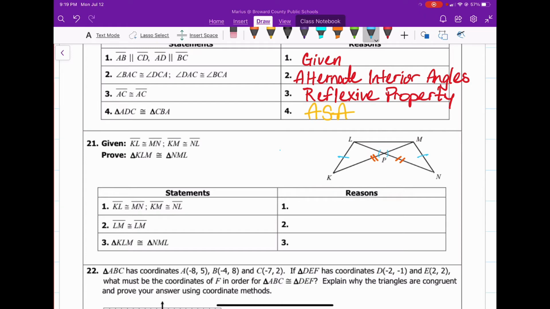What else? They also have a shared side. Here is a shared side, 1, 2, 3. And really, to get rid of these vertical angles, because we're not going to need them for this diagram.